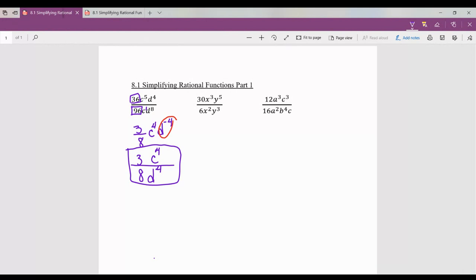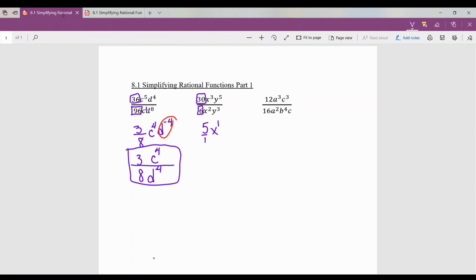All right, for the next one, first thing we're going to do is simplify those numbers. So 30 over 6, that reduces to 5 over 1, technically. Now we're going to do x to the 3rd over x squared. We're going to subtract them. That's x to the 1st.